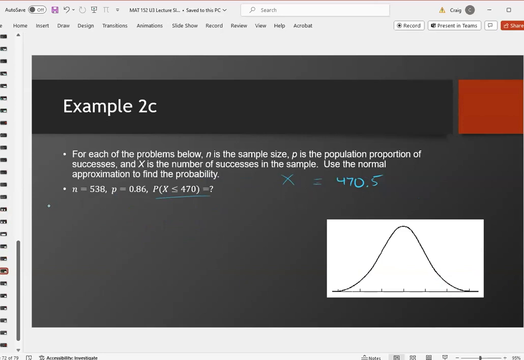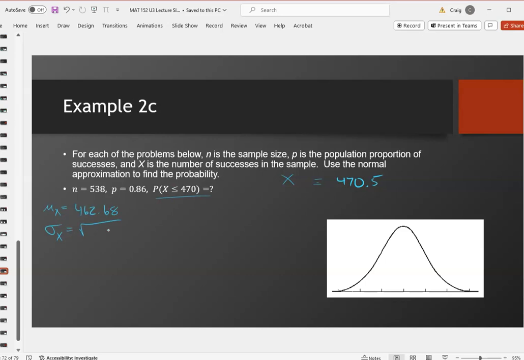Our mean in this case is n times p, 538 times 0.86, which is 462.68. The standard deviation is the square root of n times p times 1 minus p. So 538 times 0.86 times 0.14, and then take the square root.